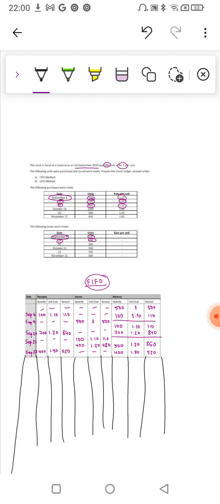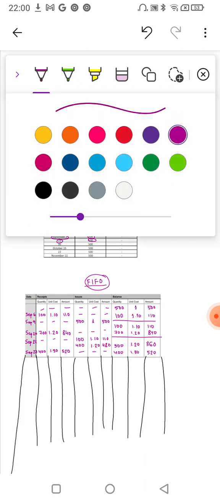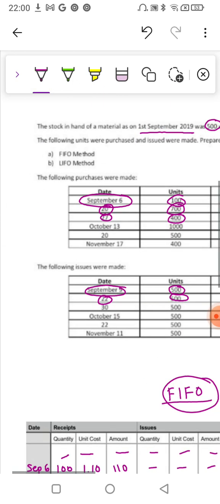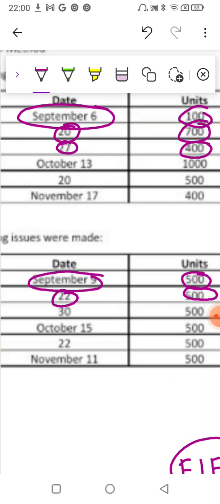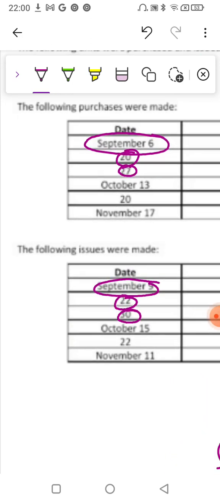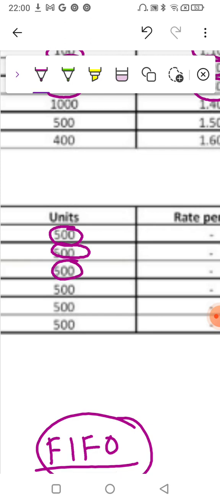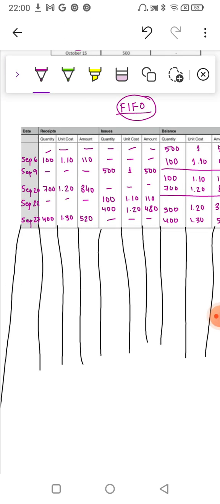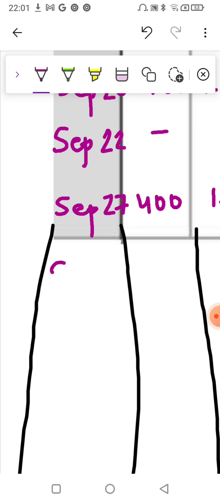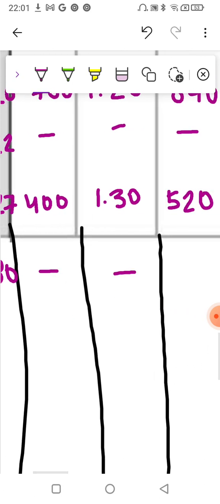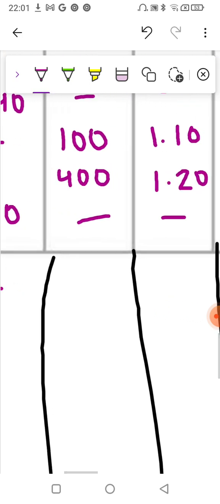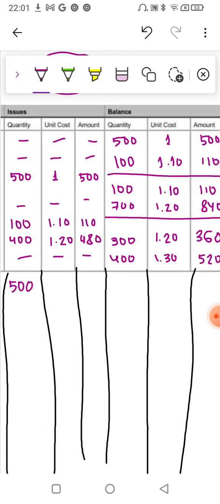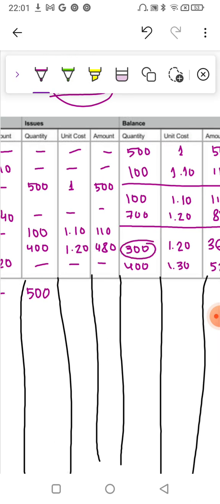Okay. The next category that we have is September 30 for issue of 500. So September 30, there was no purchase. There was an issue of 500. Now, first in first out, the 500 will be first issued from this, and the remaining 200 from the next lot.